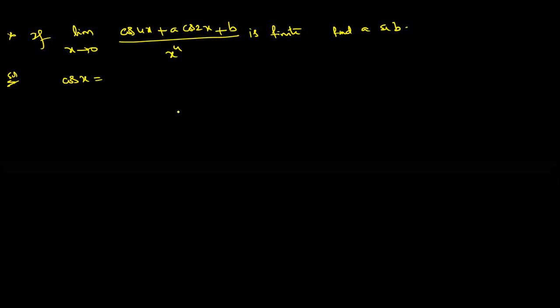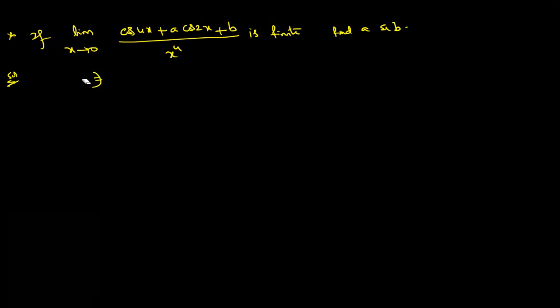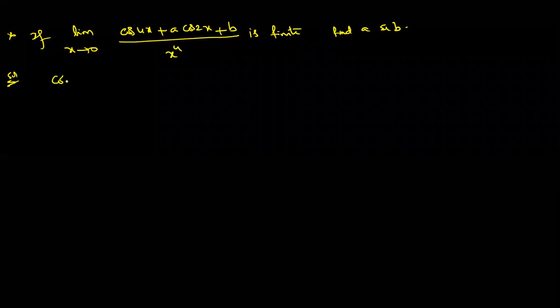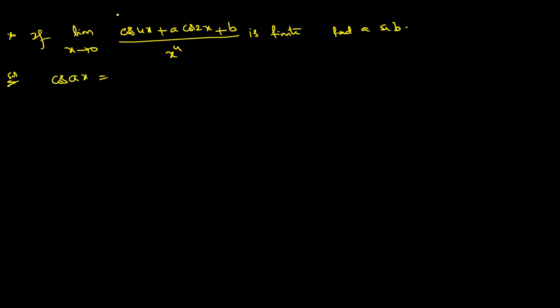What is the expansion of cos ax, better? 1 minus (ax) whole square by 2 factorial plus (ax) whole power 4 by 4 factorial and so on up to infinity.